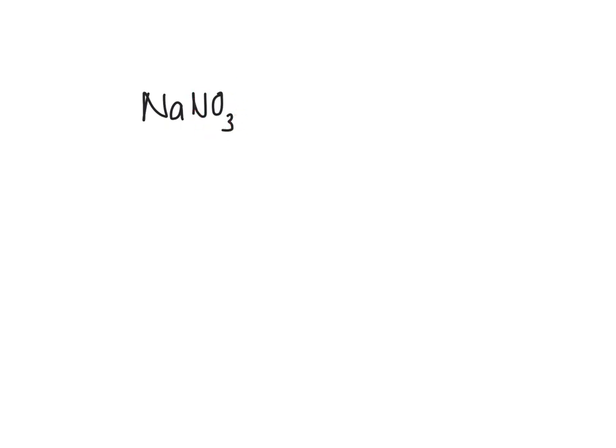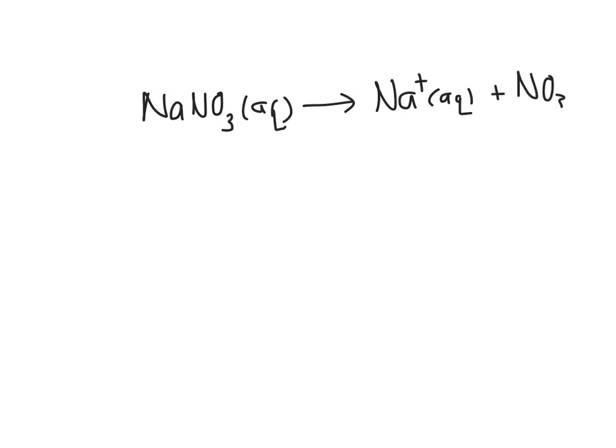And so when that ionic compound is put into water, what we end up with is sodium ions surrounded by water molecules and nitrate ions surrounded by water molecules. Notice that the covalent nitrate remains intact and does not break apart into nitrogens and oxygens.